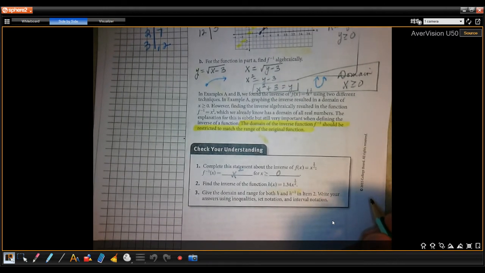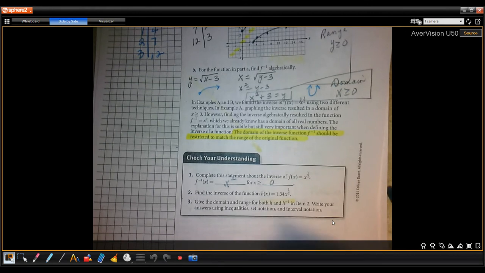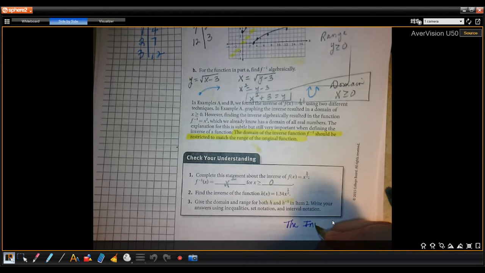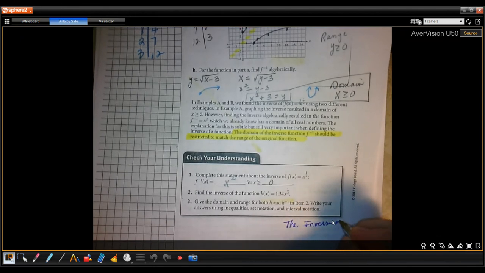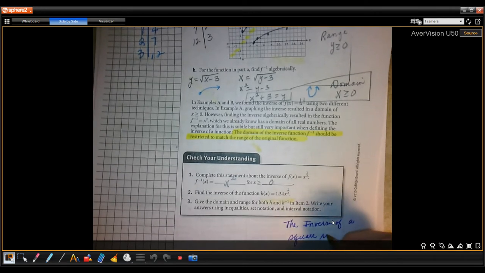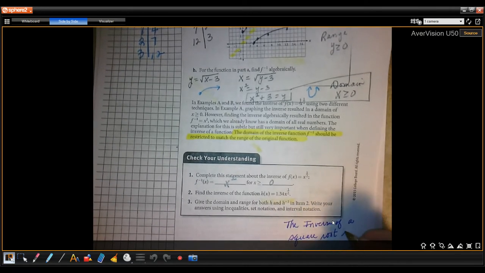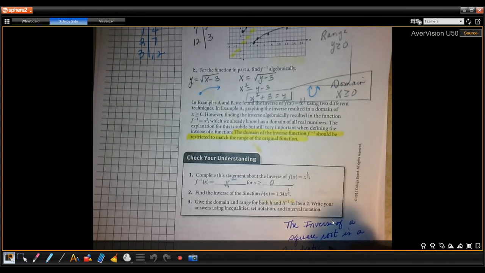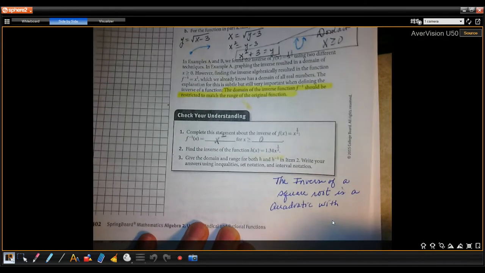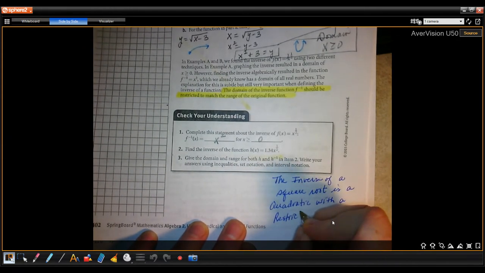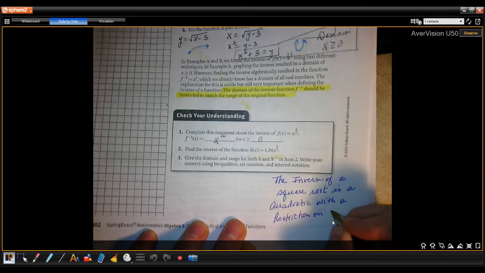How about, let's write this out. Everyone write this out. So the inverse, this is important. The inverse of a square root is a quadratic with a restriction on the domain.